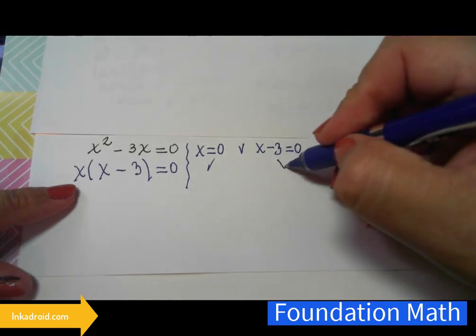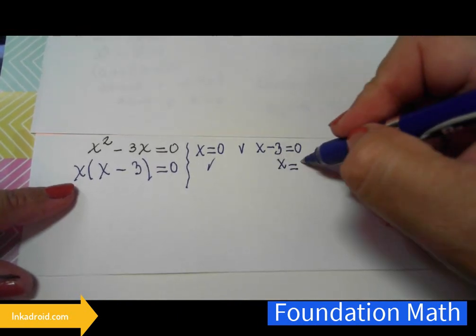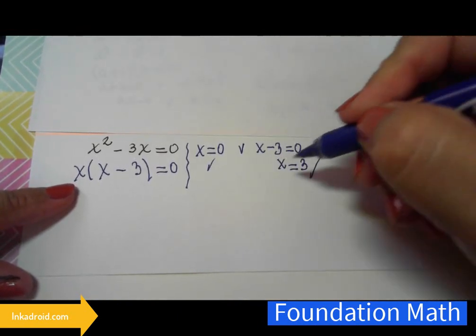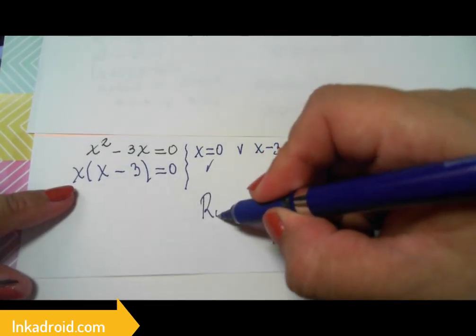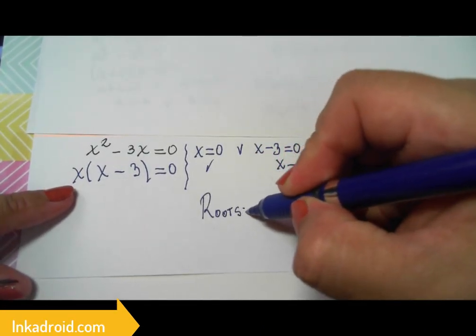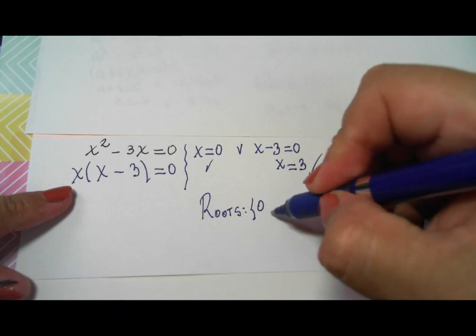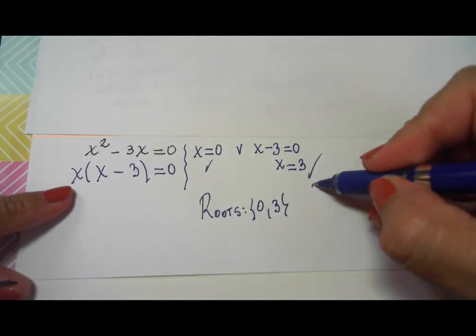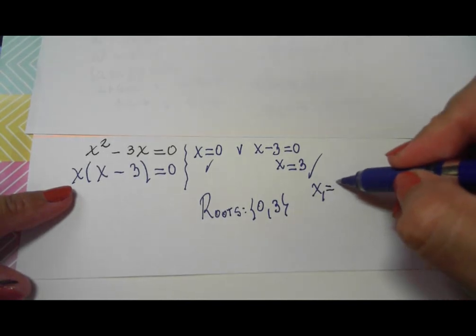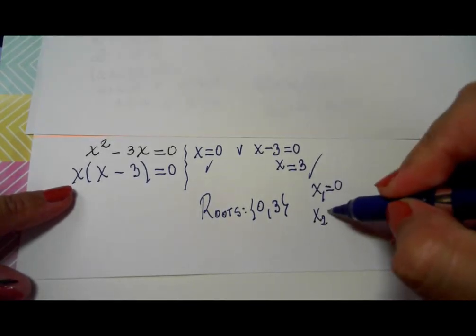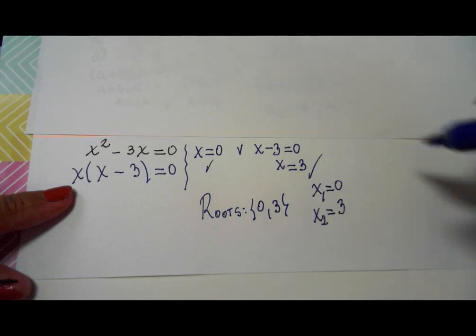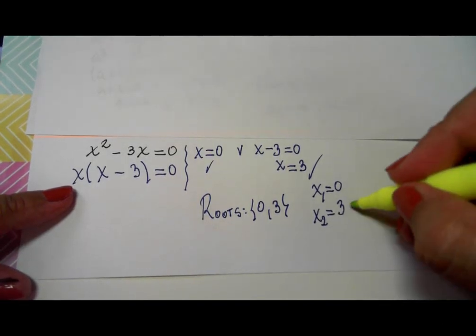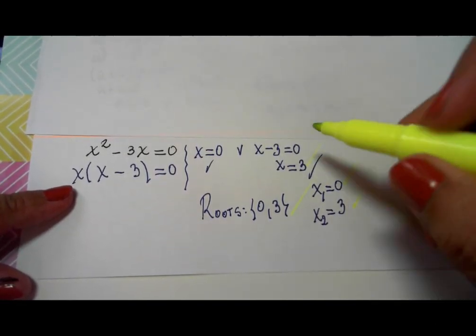But in this case, x should be equal to negative 3, you have to have here positive 3. So the solution or the roots in this case are 0 and positive 3. It means the first value of x is 0, and the second value of x is positive 3. So these are the right answers.